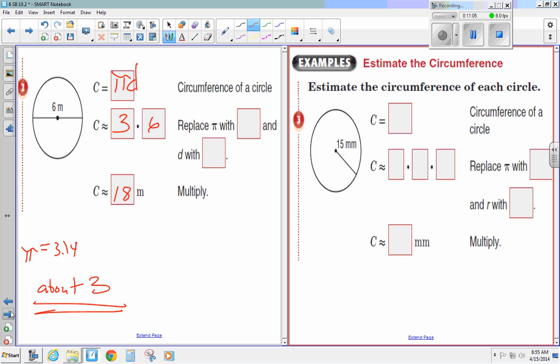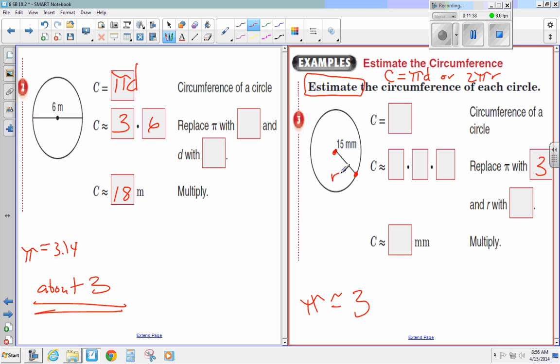So let's estimate the circumference of this circle. Let's do it the fast way where we don't have to actually do a lot of multiplying. It says to estimate, so that means replace pi with approximately 3. Now the formulas for circumference are either pi d or 2 pi r, depending on what information is given to you. So here you're given the distance from the center to the end of the circle.